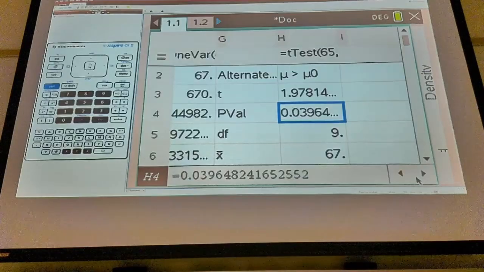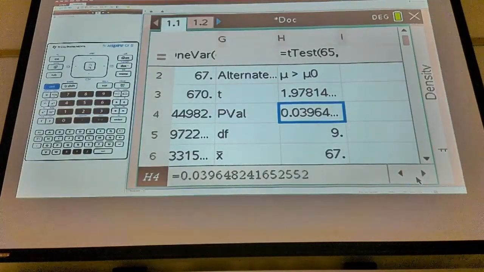And then you have the same conclusion as we just did. Questions on hypothesis testing?